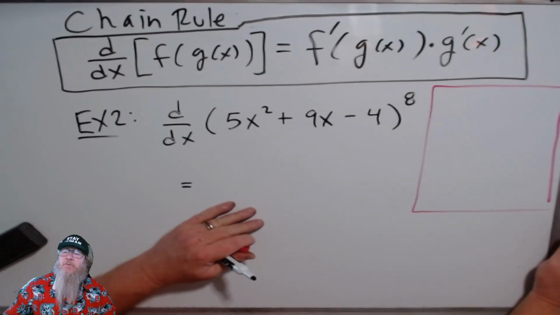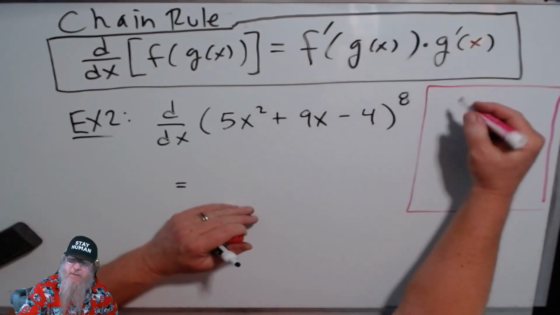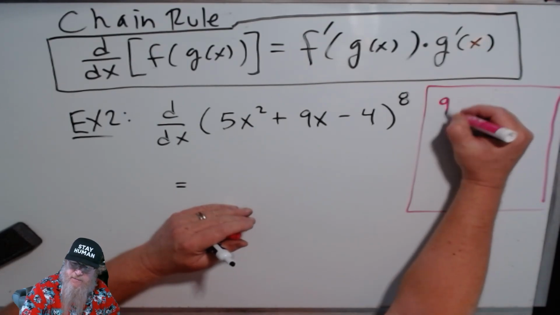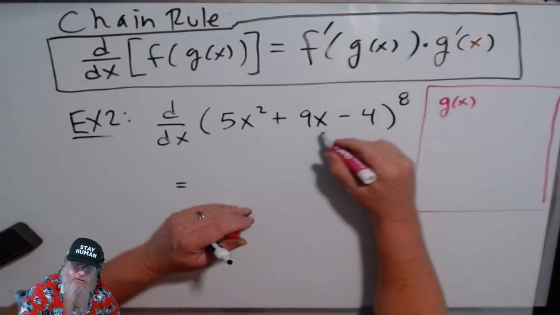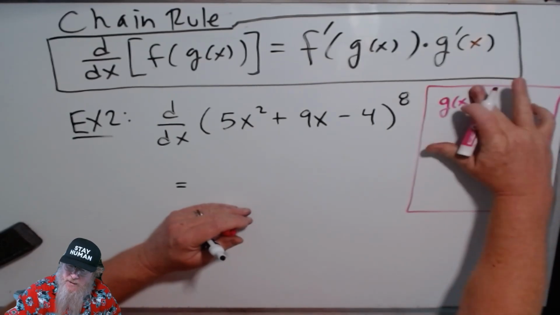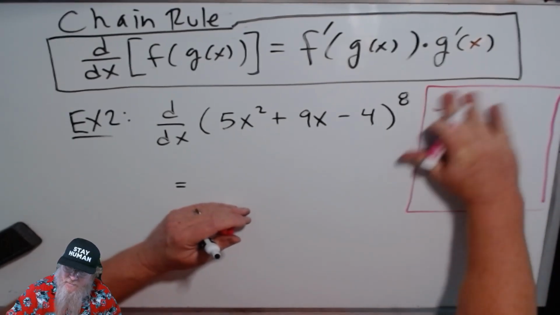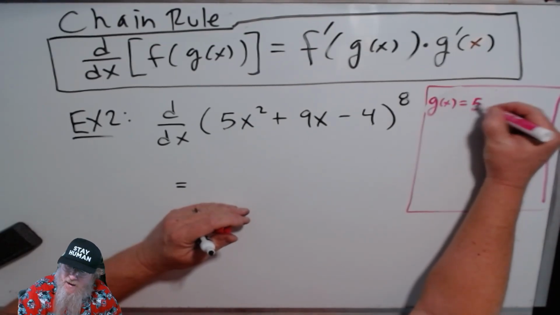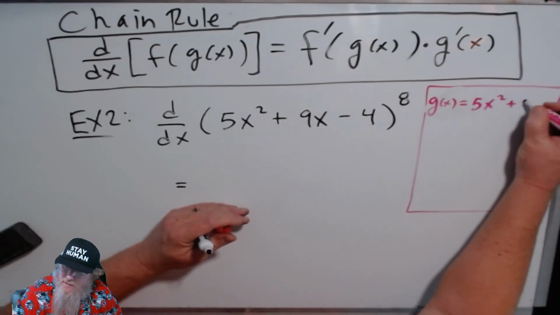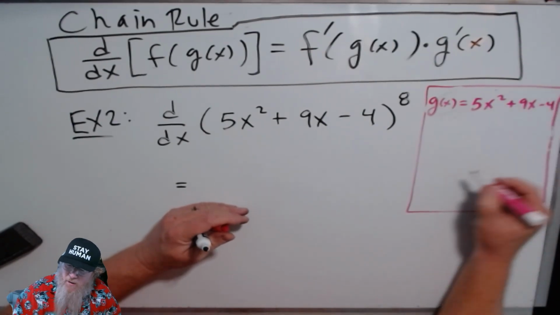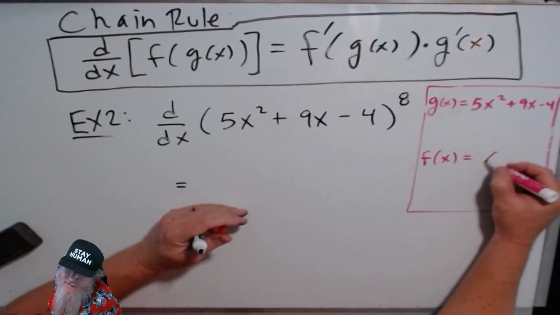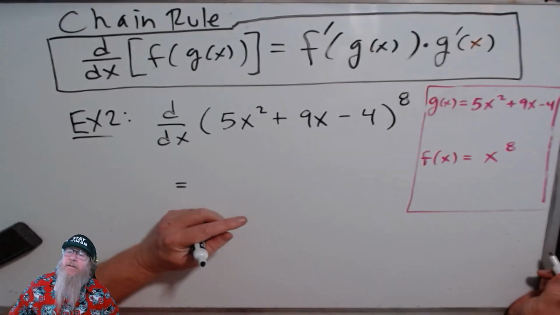The sidebar is really just to keep track of who everybody is. So g of x is the inner function. That's 5x squared plus 9x minus 4. And f of x is x to the 8th.